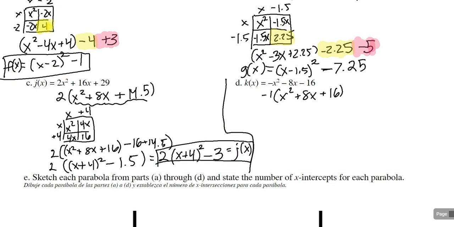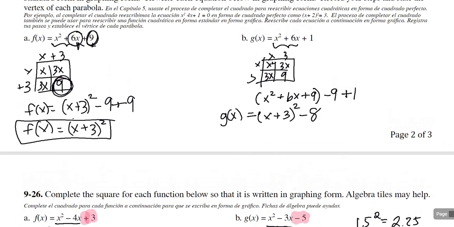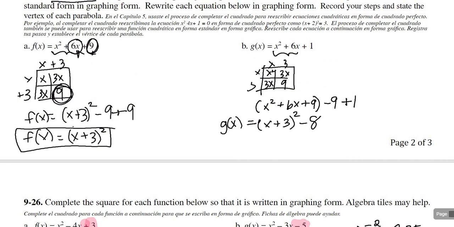Now I'll complete this square. But actually, what I notice here is that this is a perfect square equation. This is actually the second perfect square equation of the day. I'll scroll back up to the previous one. This equation was also a perfect square equation. When you have x squared plus bx plus b over 2 quantity squared, that's going to be equal to x plus b over 2 quantity squared.